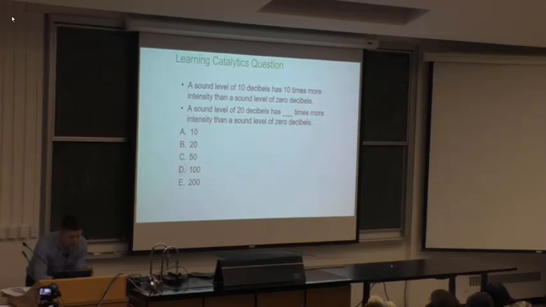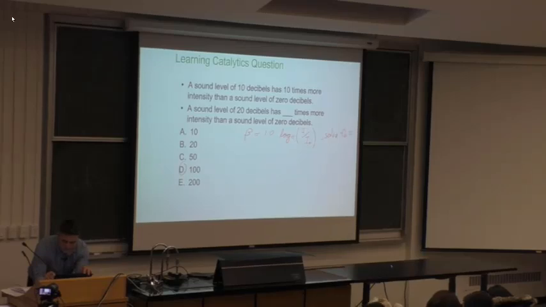And actually one of the ways you could do this is, remember that beta is equal to 10 times log base 10 of I divided by I0, where I0 is the 0 decibel reference. You can solve for I, just for fun.